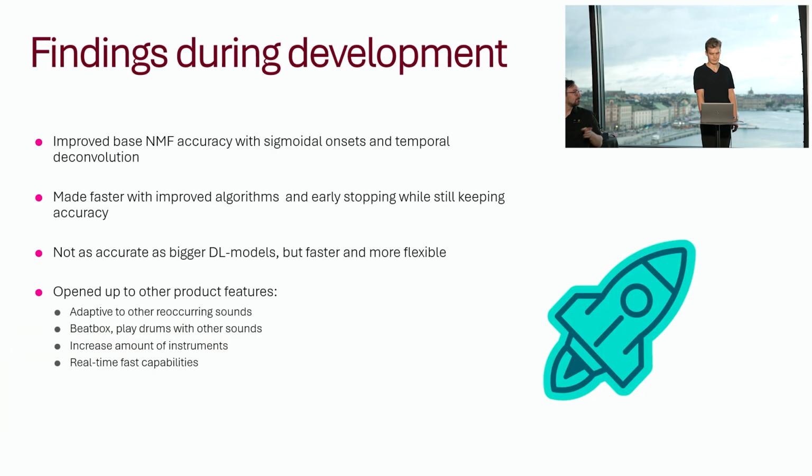Yeah. So what I wanted to go through is some findings during this development, is that we improved this model to be both faster and a bit more accurate and more clear for this drum cause. So this is a very applied project for this specific cause, making it faster and still keeping the accuracy.